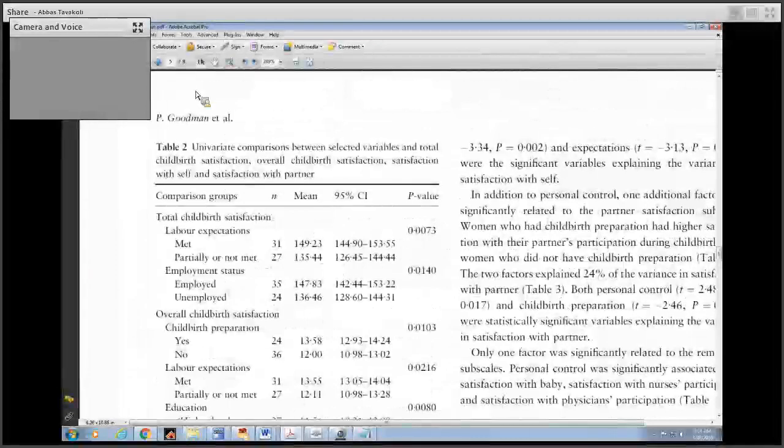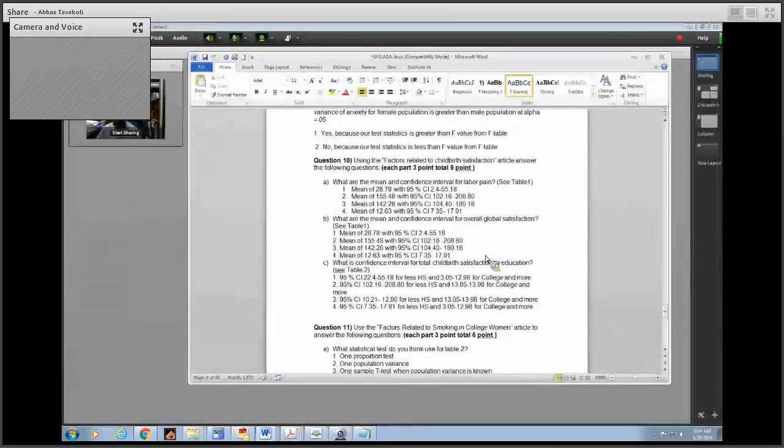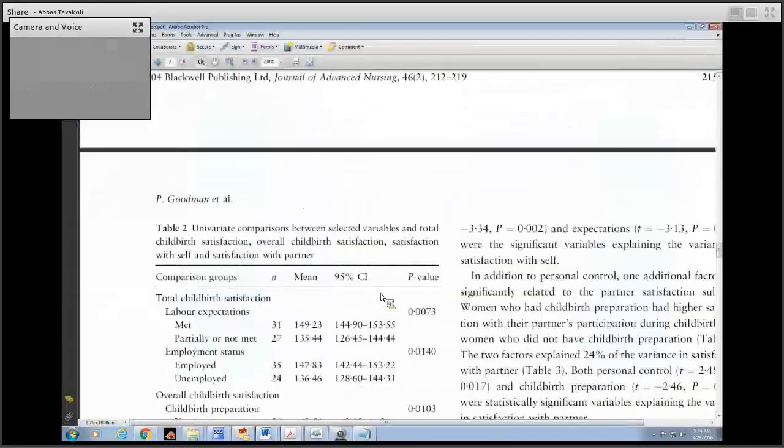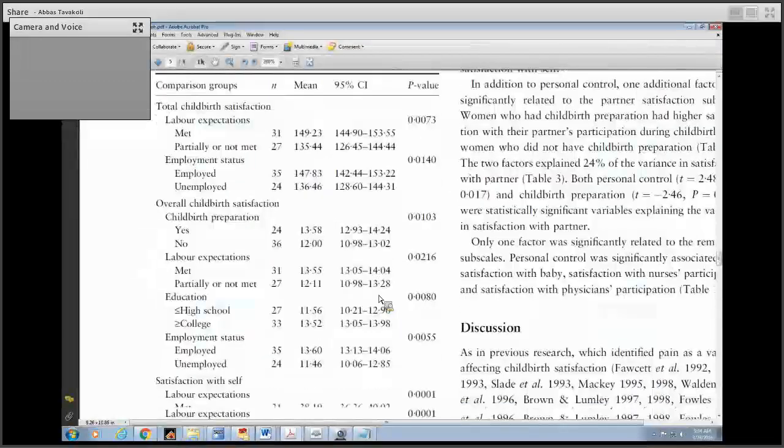Question 10, I asked you to look at the factors related to satisfaction. In table 1, what are the mean and confidence interval for labor pain? So you find it in table 1 here. This is your table 1, and this is your labor pain.